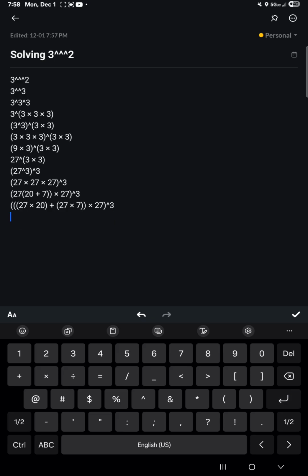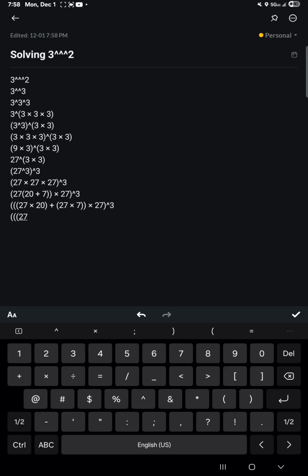Now let's try to solve this. At first I thought 27 times 20 is just 10 times 2. So I broke down 20 to 10 times 2. Now, basically, when you're multiplying a number by 10, you just add a 0.